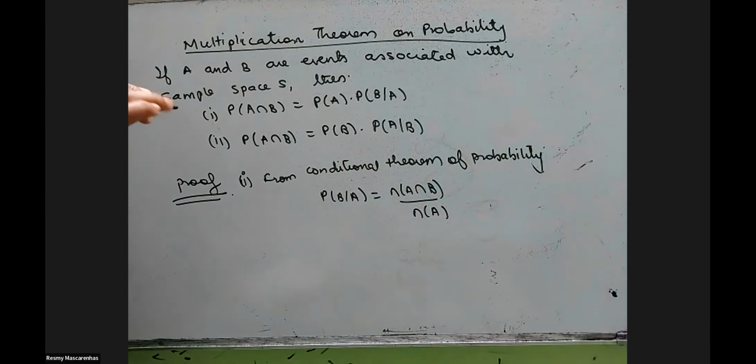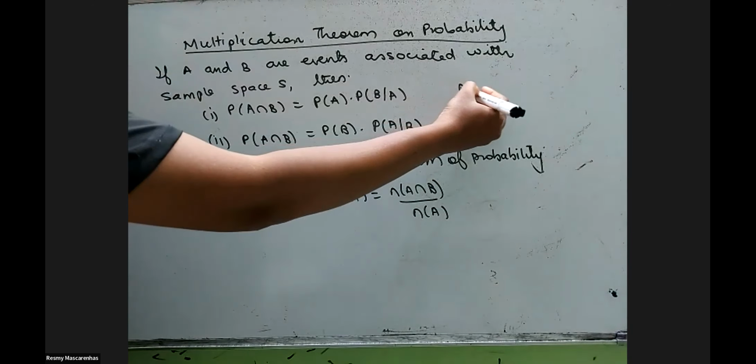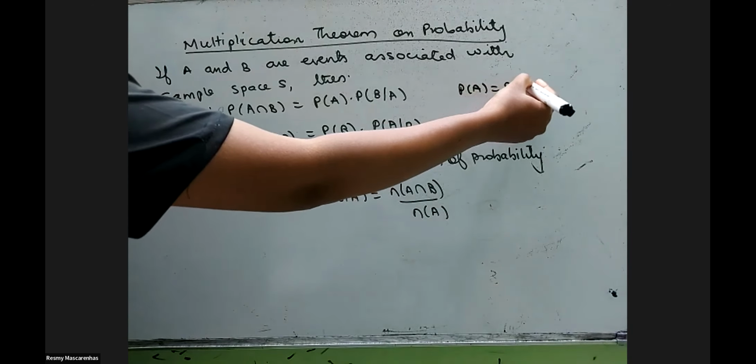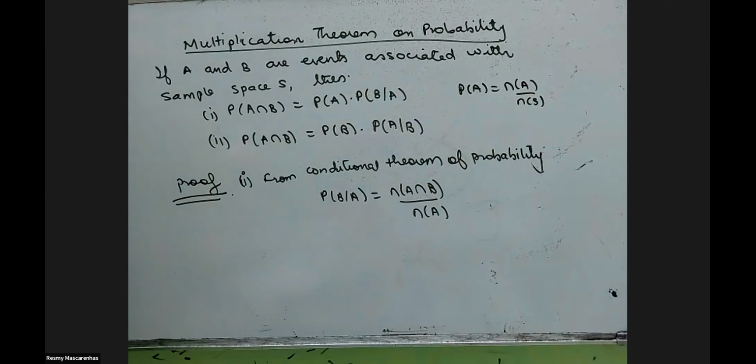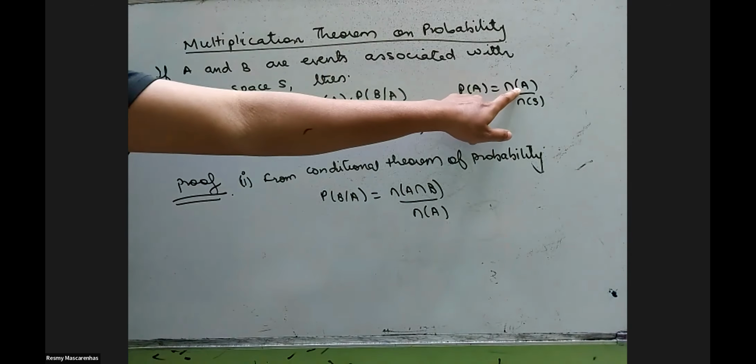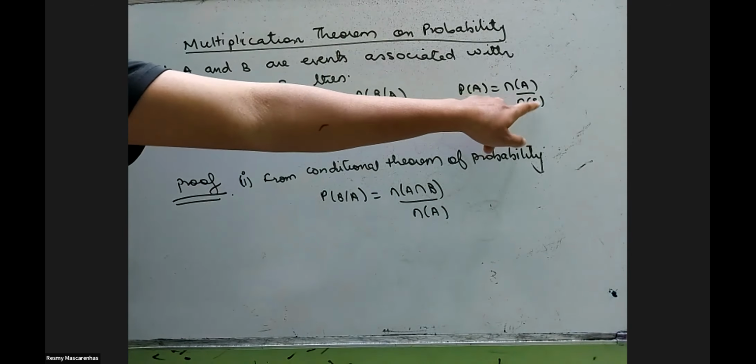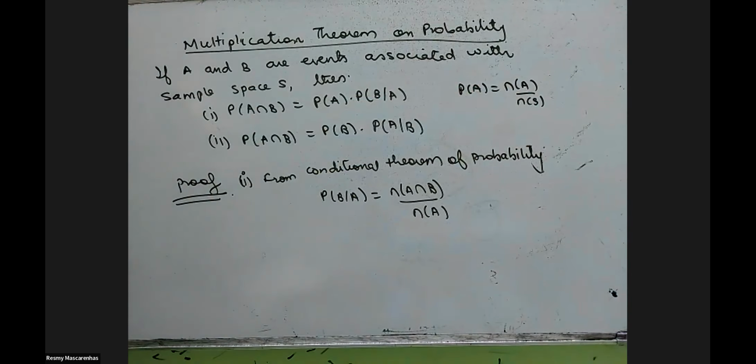Now we have to convert it in terms of probability. Any N, you know that. What is P of A? Nothing but n of A upon n of S. What would be P of B? Same way, n of B upon n of S. The moment I divide any n by sample space, it automatically converts into probability.